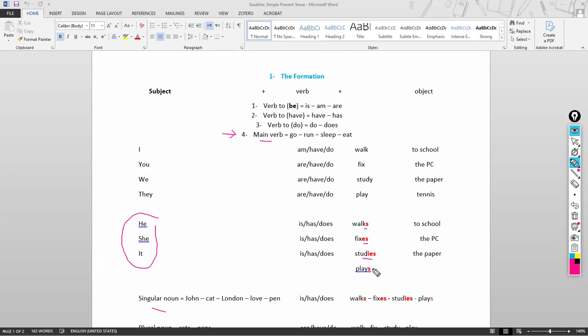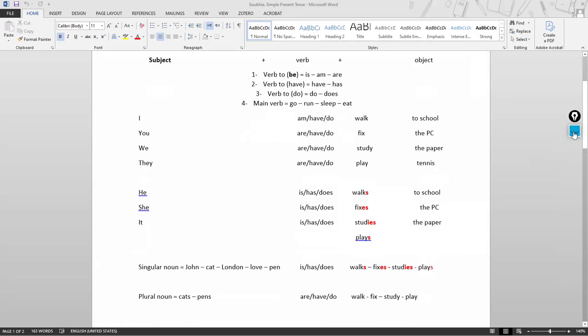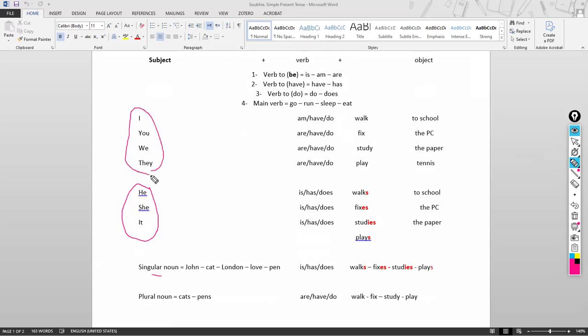If the verb ends with y and before the y we have a vowel, I don't have to delete the y, I only have to add s. As I mentioned, Subhi, you have to do this with he, she, it, and only a singular noun. With I, you, we, they, and any plural noun, you add nothing to the end of the verb.